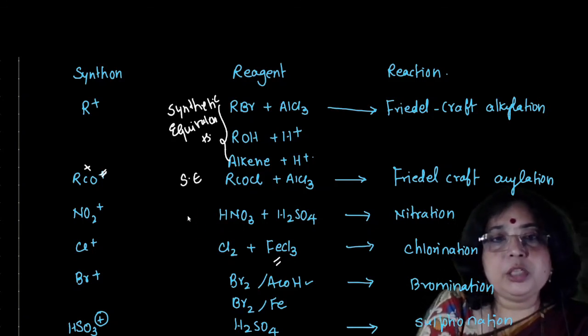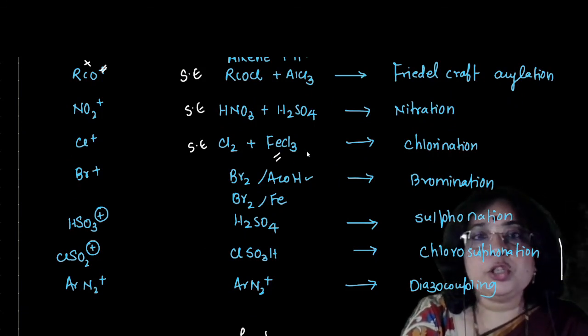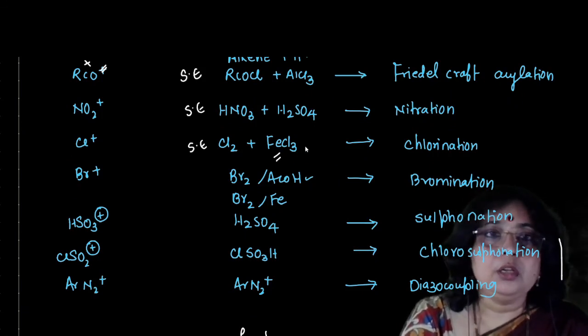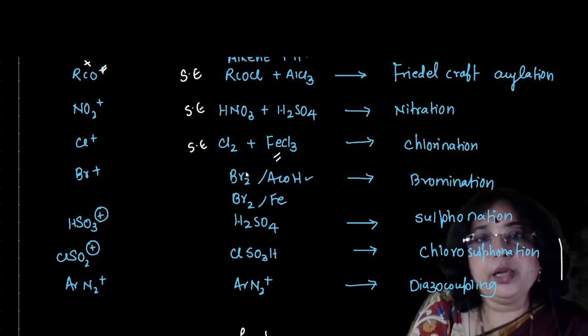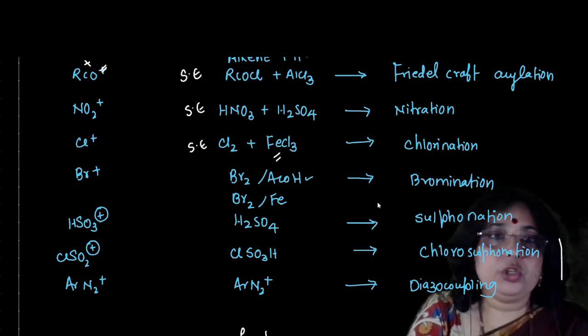Now dear students, please remember all these reagents are nothing but the synthetic equivalents that are utilized in the synthesis of electrophilic substitution reactions for the respective reactions. Now here, for the bromonium ion, the reagent is bromine in acetic acid. The reaction is called bromination.